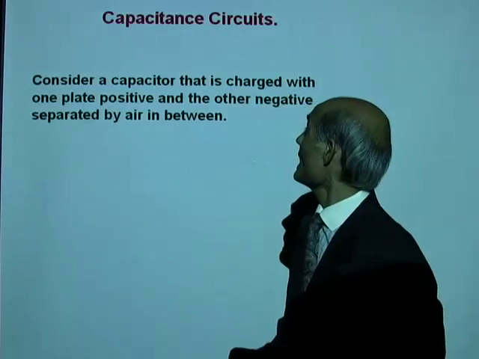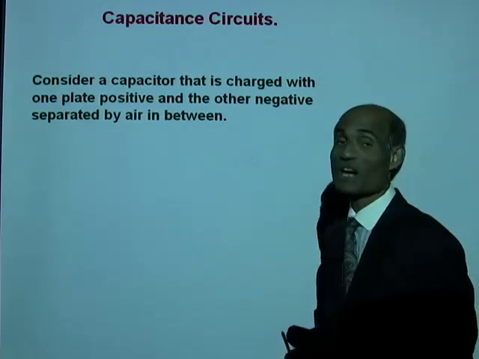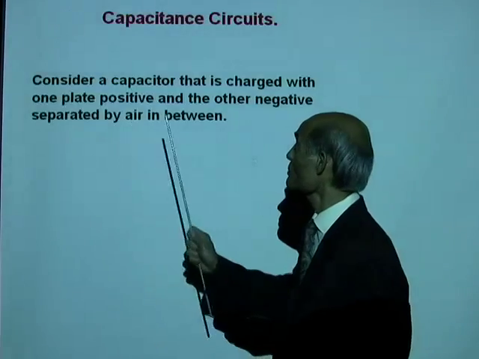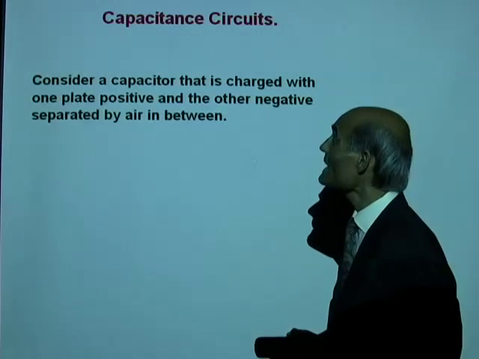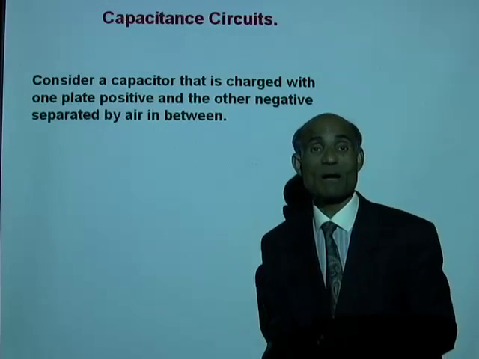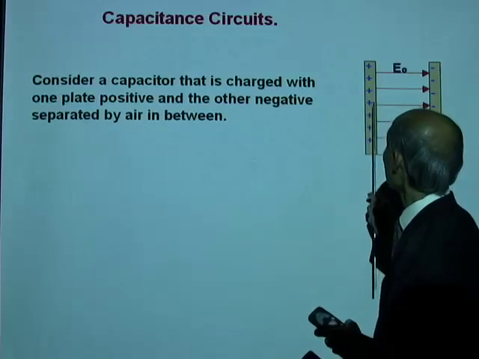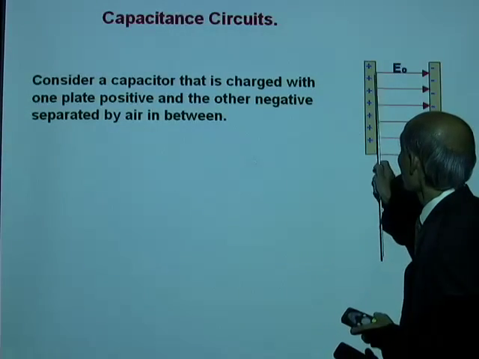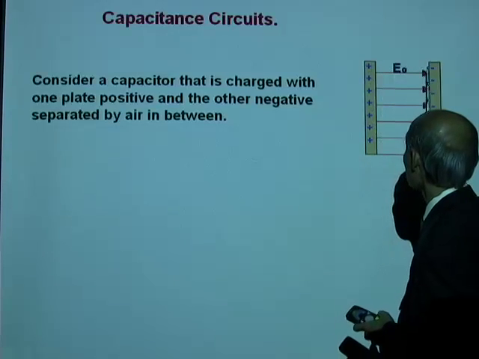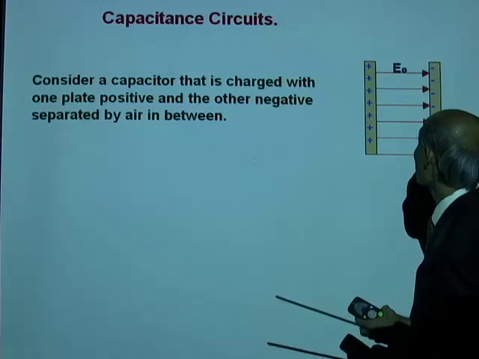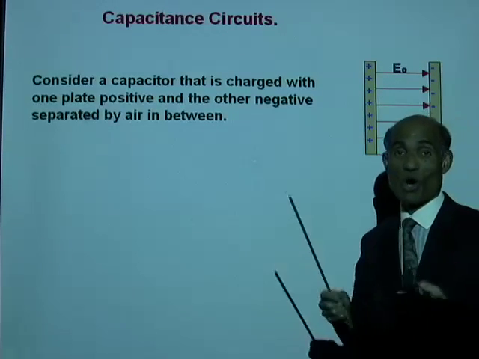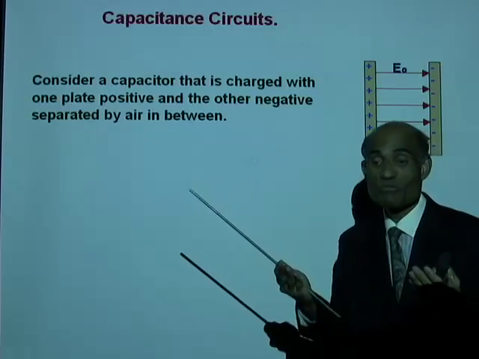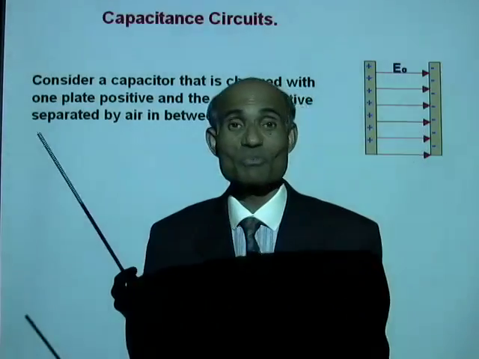Consider a capacitor that is charged with one plate positive and the other negative, separated by air between them. This is a capacitor where one plate is charged positively and the other plate charged negatively. Obviously, there is an electric field in between the two plates.